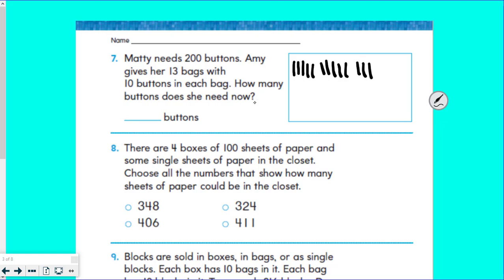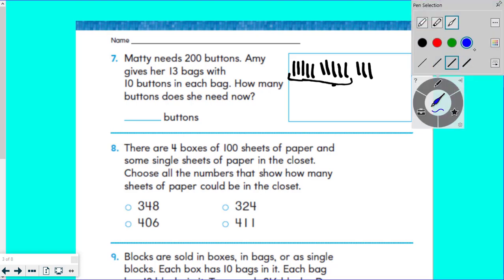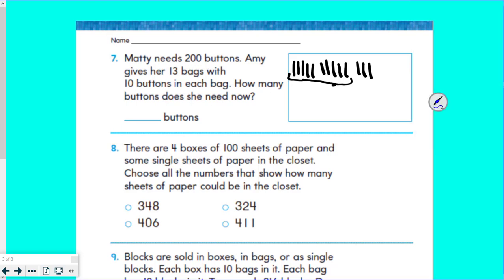How many buttons does she need now? So we're at, let's see, this is 100 right here. That's 100. So we're at 130. We need to get to 200. So I'm going to switch colors so it's easier to see. So we're at 130. We need to get to 200. So 130, 140, 150, 160, 170, 180, 190, 200.